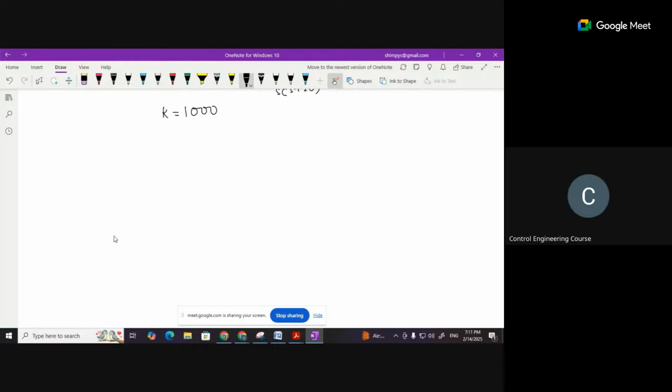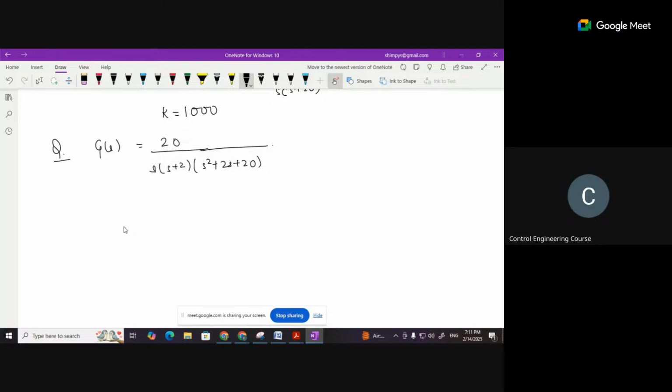Okay, let us see one more problem. For the unity feedback system, our G(s) is given as 20 by s plus 2, s square plus 2s plus 20.